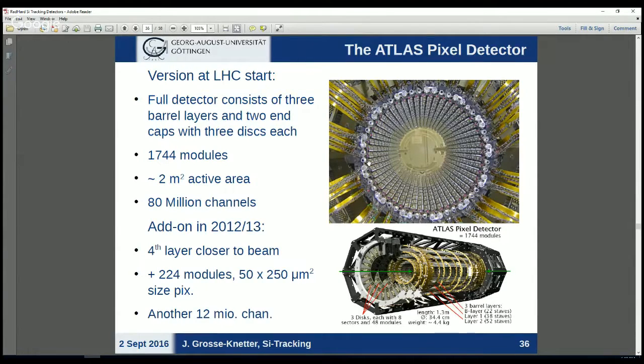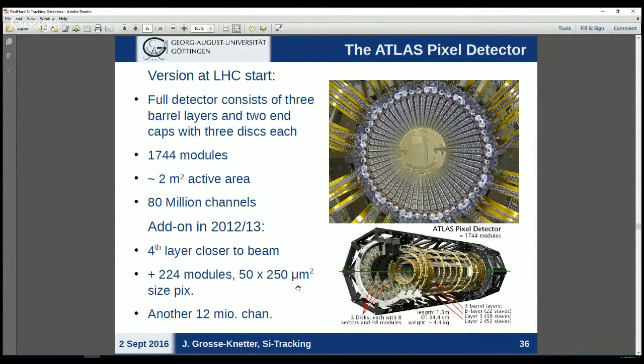So this has been in operation for several years. We had a little add-on, which already goes a bit half a step, let's say, in the direction of high-lumi LHC. In the LHC shutdown 2012-13, we added a 4th barrel layer closer to the beam, which actually literally meant the beam pipe was replaced and the layer directly screwed to it. And because it's even closer to the beam, challenges in terms of hit rate and radiation hardness increased even more.